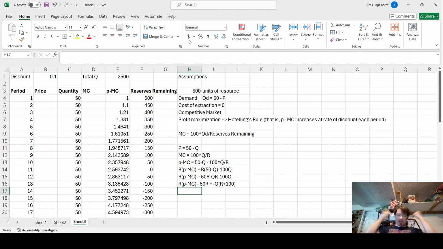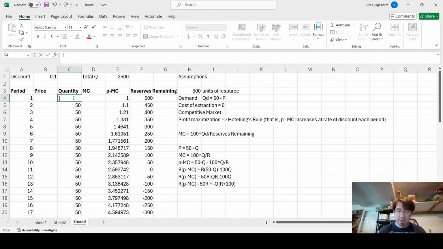Right. So what we need to do then to find out what our Q is going to be, we're going to use a different formula here. We're going to find quantity and then use quantity as the basis for everything else. So this will work perfectly fine. Okay, so our quantity then is going to be equal to the amount of reserves we have times this P minus MC plus 50 times, oh no, minus 50 times the amount of reserves we have.